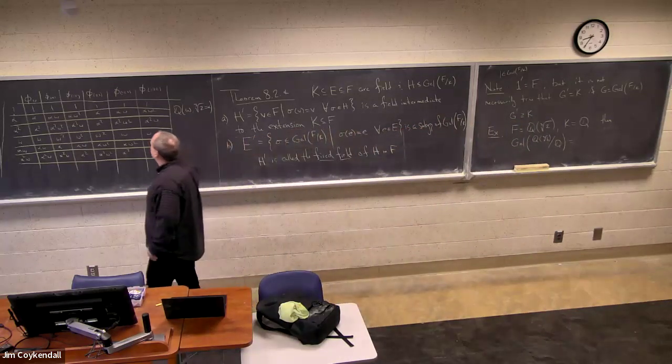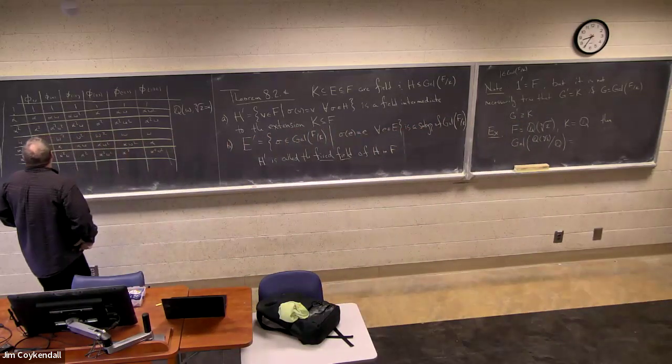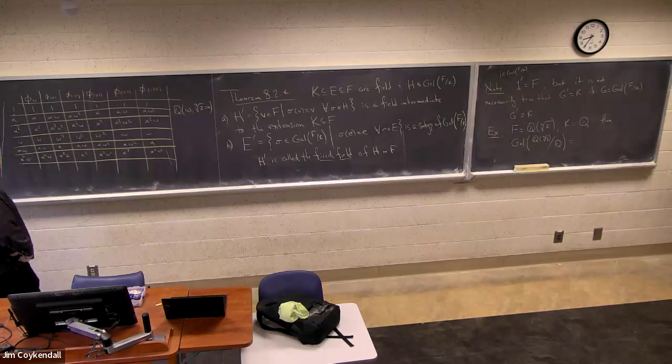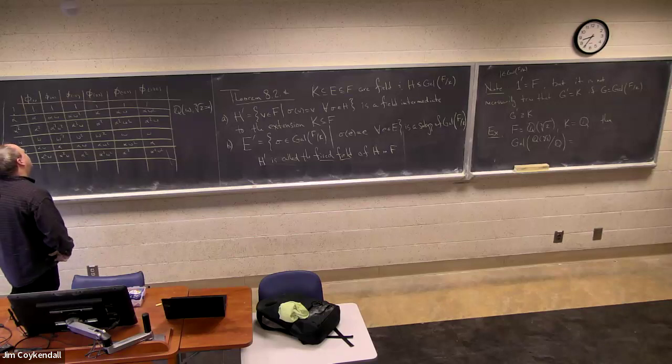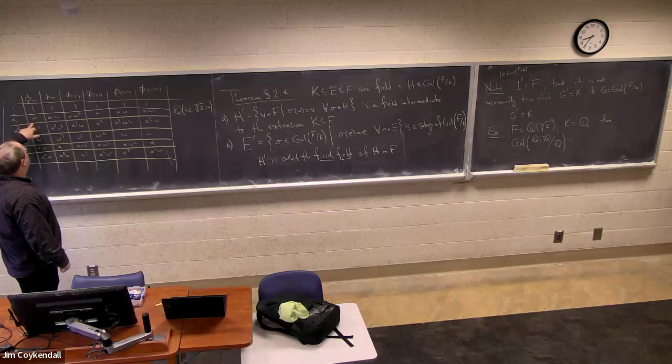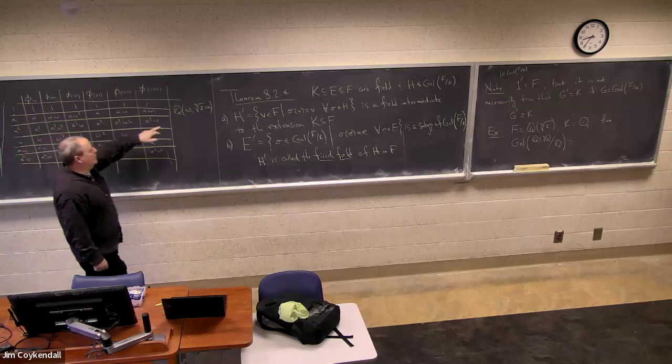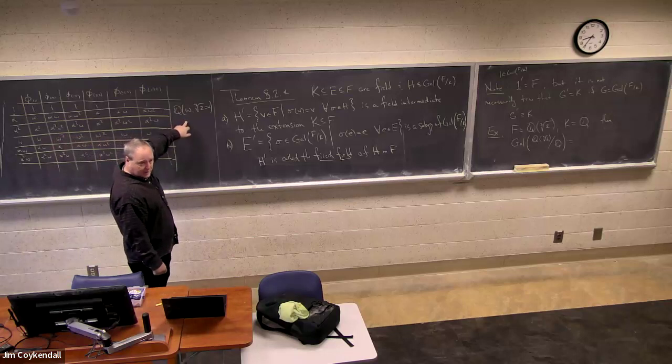Well, let's see. Can I get this thing to help me? Right, notice that, yeah, I guess this really kind of helps. There are only two automorphisms here, and remember, these are automorphisms in this bigger field, agreed?